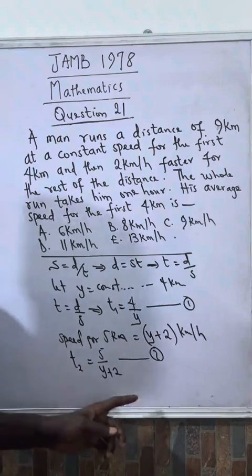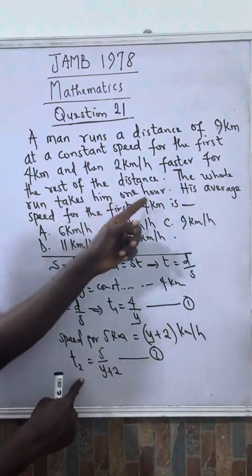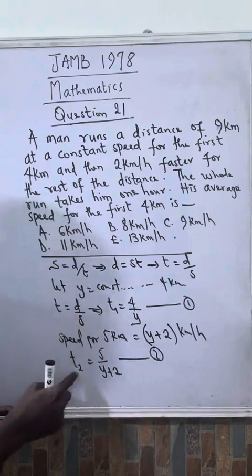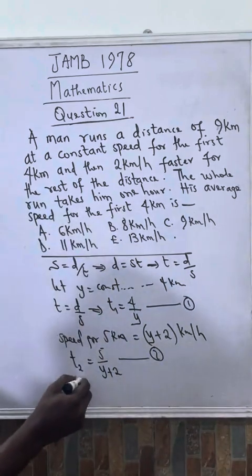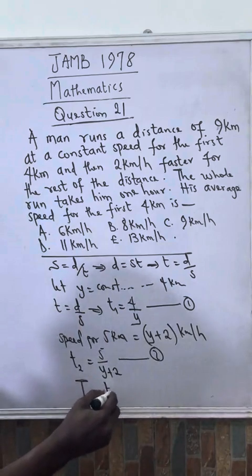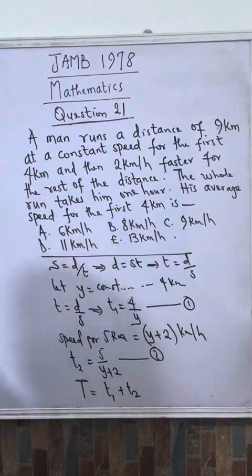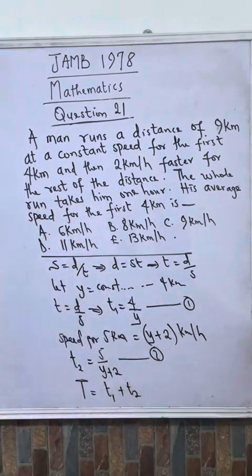And don't forget that if I add this time here and the time here, it will give me the whole time spent for the journey. So T1 plus T2 will give me the total time. That means total time will be equal to T1 plus T2. So this is what I will solve in order to get my answer.